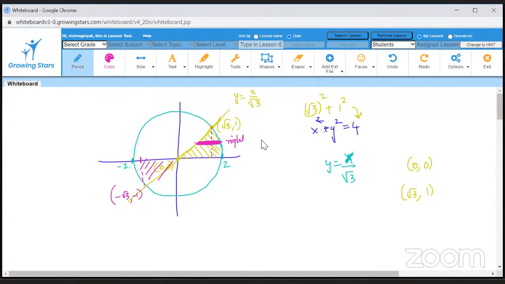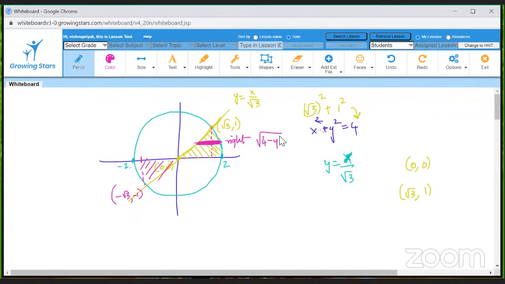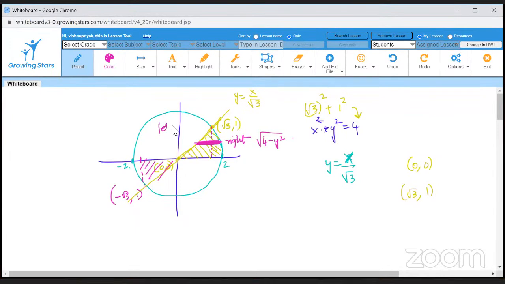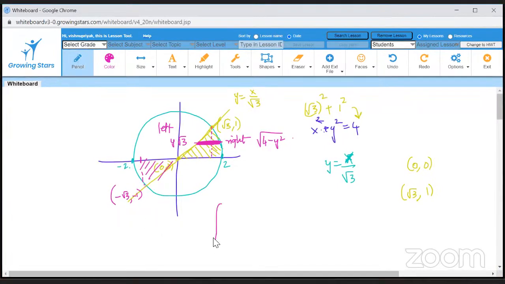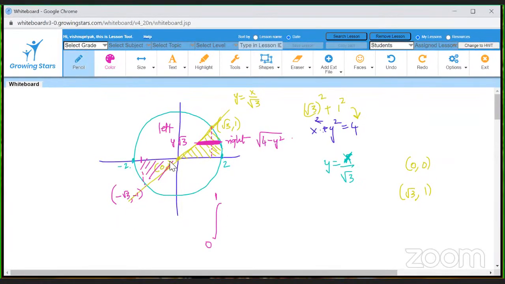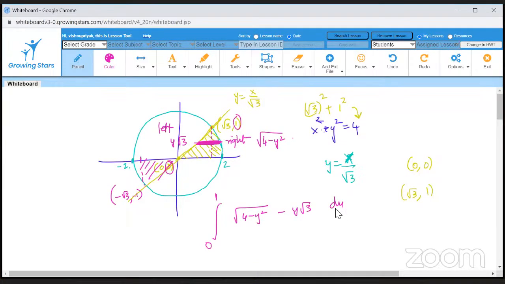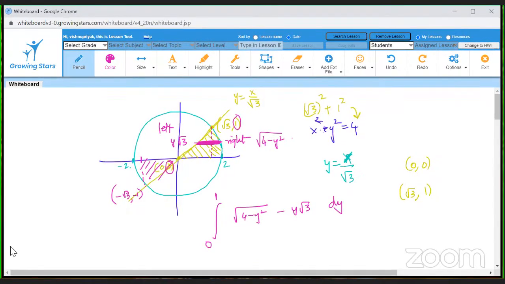The right equation will be square root of 4 minus y square, and the left equation will be y root 3. So you take the integral of y from 0 to 1, right minus left dy. If you do this, you will get the answer given in the options.